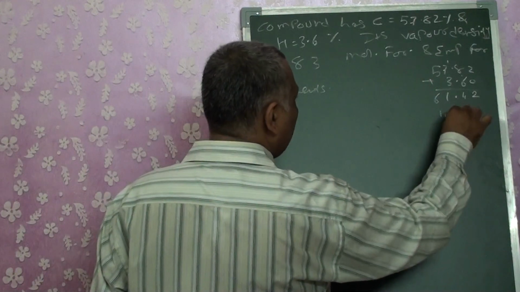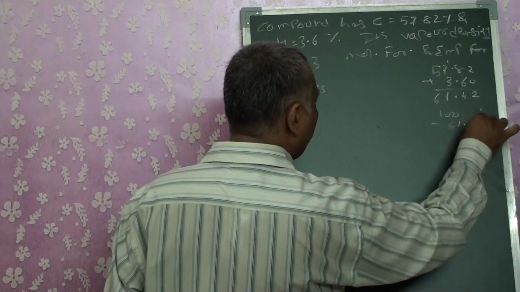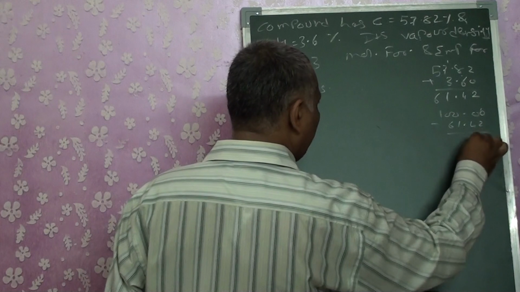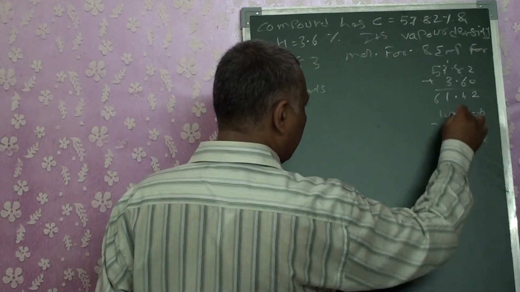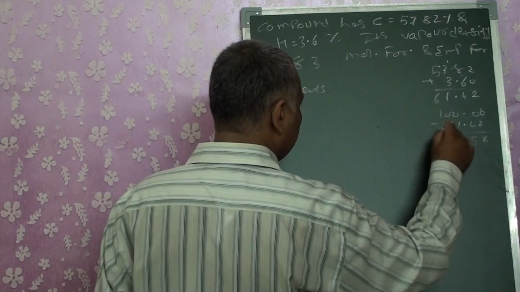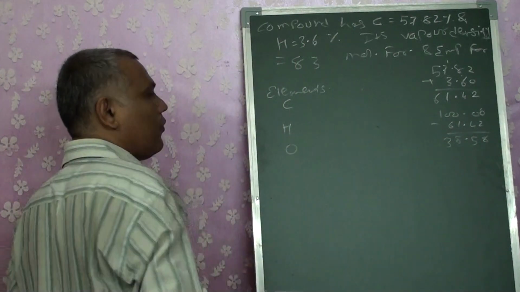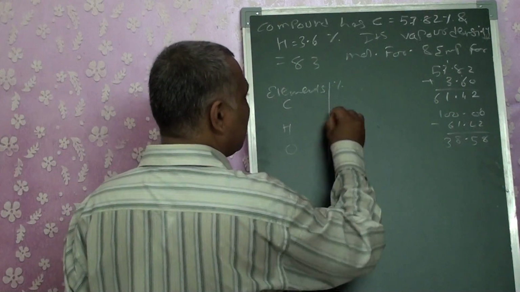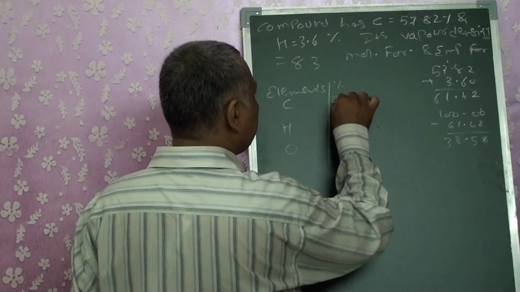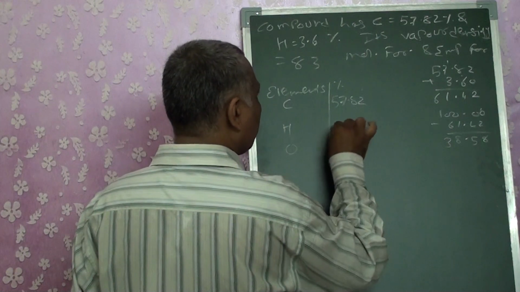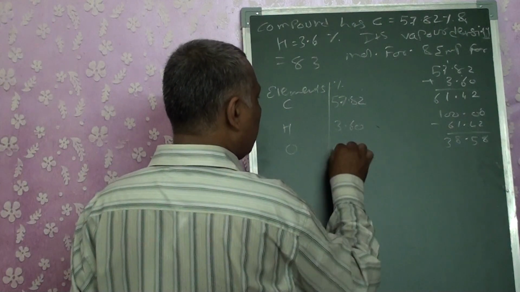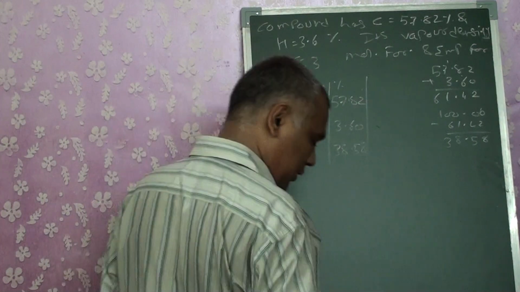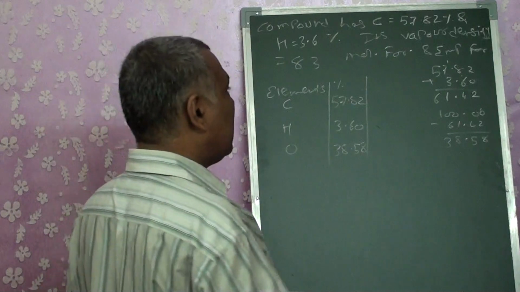From 100, if I subtract 61.42, we are going to get 38.58. So that means we are going to get it as oxygen. The percentages are 57.82, 3.60 and 38.58. These are the percentages that we have.